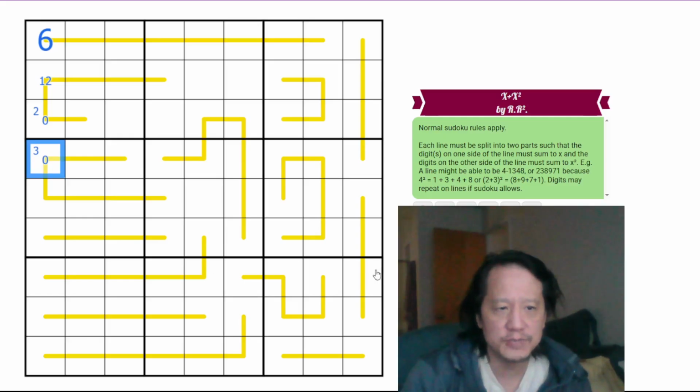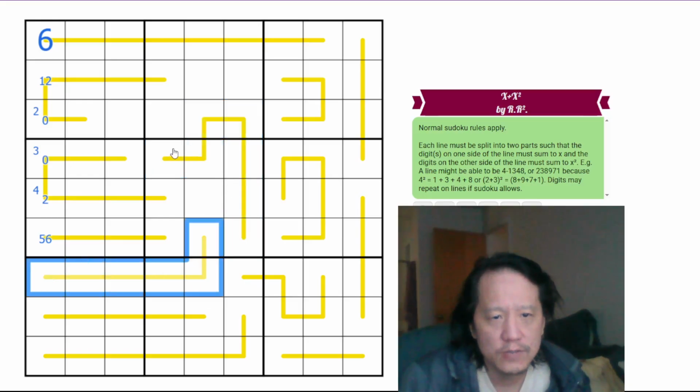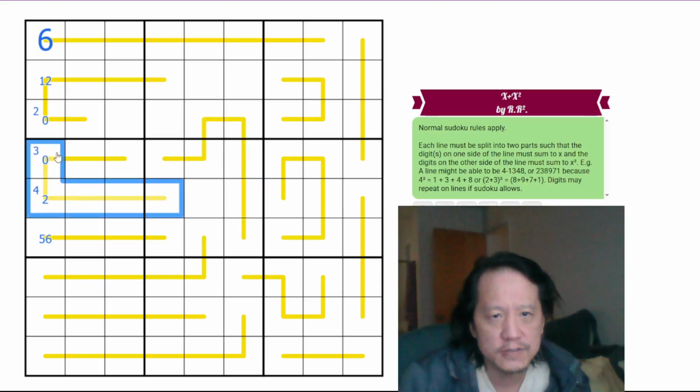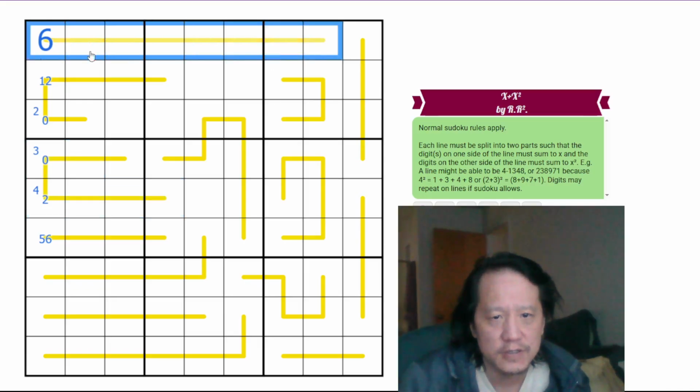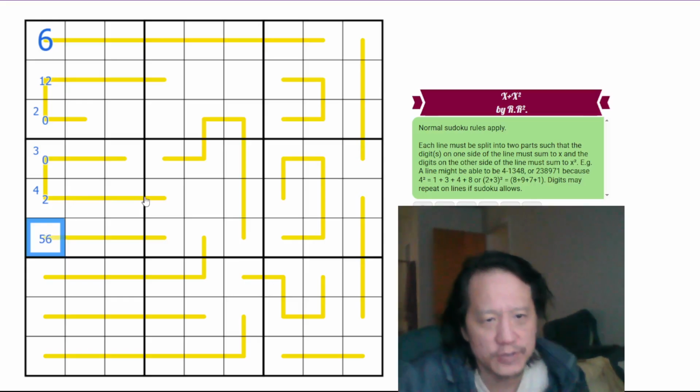And 6 times 7 is 42. And 7 times 8 is 56. I don't think there's anything else here that can be larger than 56. 56 is probably the largest, and I don't know if we're going to run into that.